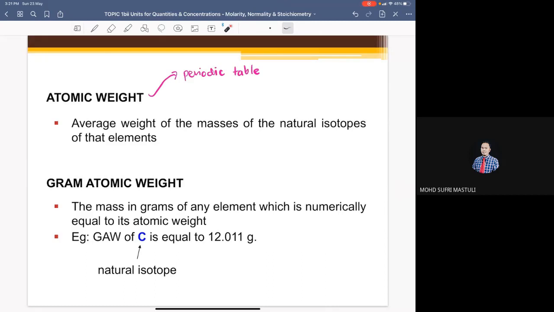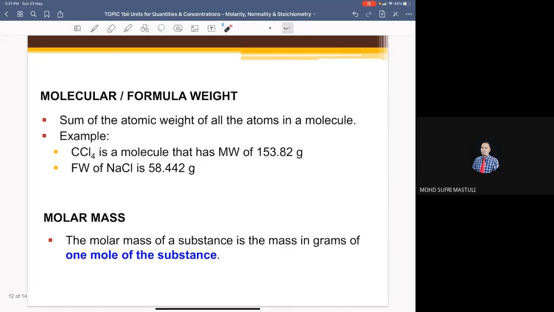For example, the atomic weight of carbon from the periodic table is 12.011 gram. What is molecular weight? Molecular weight or formula weight is similar to molar mass, normally in a unit of gram per mole, g mol^-1.